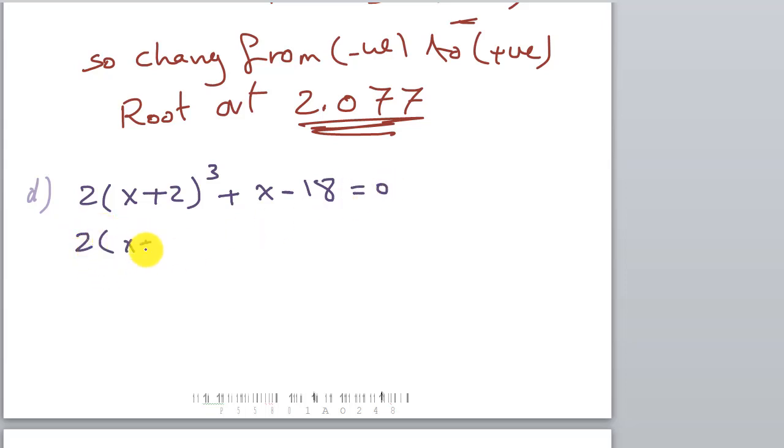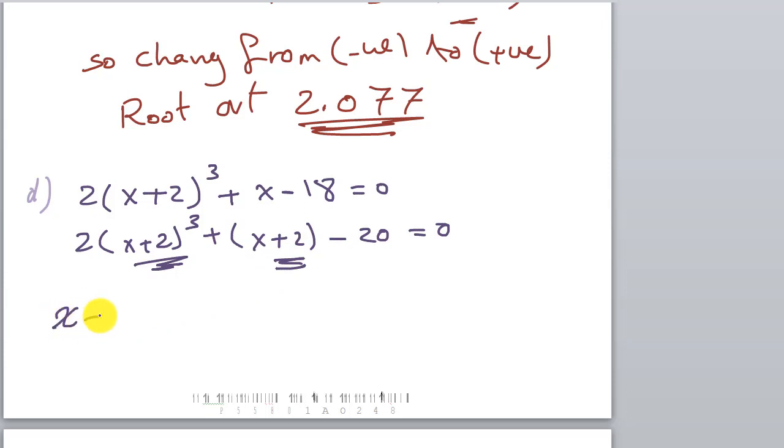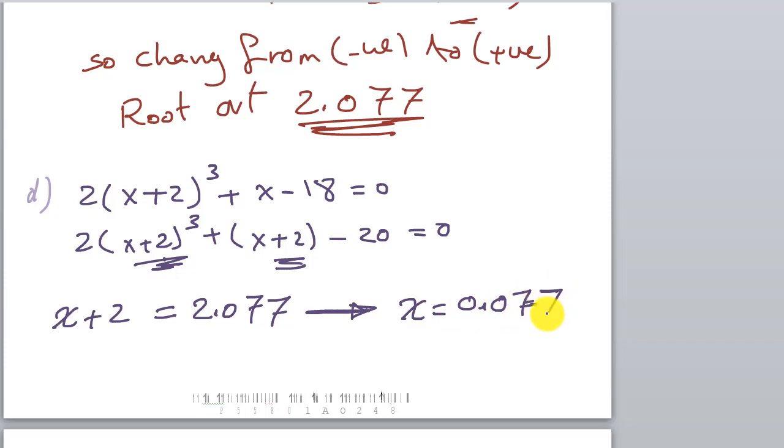So 2(x + 2)^3 + (x + 2) - 20 equal to 0. So now this is the same as before, so the x plus 2 here is equal to the root we have, 2.077. So from here x is equal to 0.077. And this is the root. Okay, let us go ahead to another question.